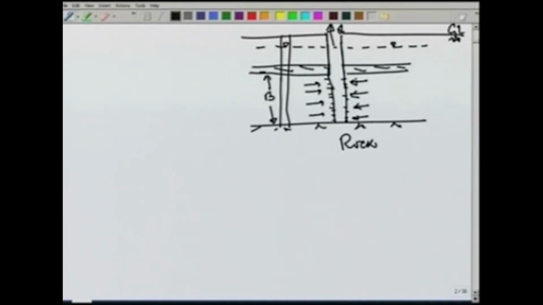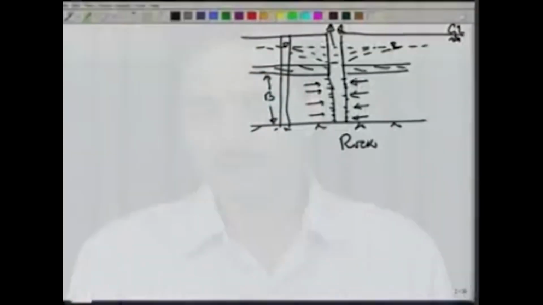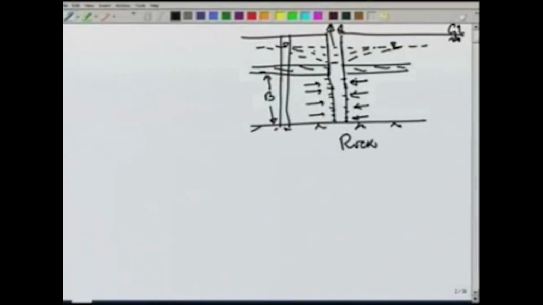Once we start pumping, then this piezometric head will go down, and with time it will slowly go down. So, at a certain time it may be like this, after some more time of pumping it may go like this. So, with time this piezometer level is going down, and typically it is in the form of a cone. So, this is called a cone of depression.